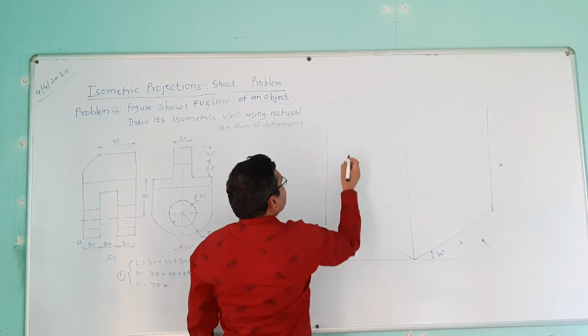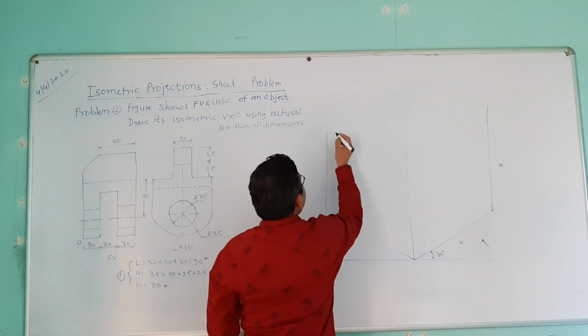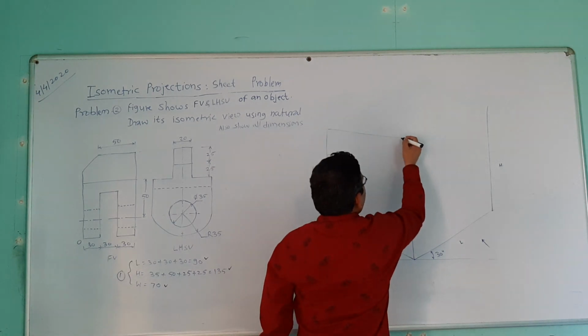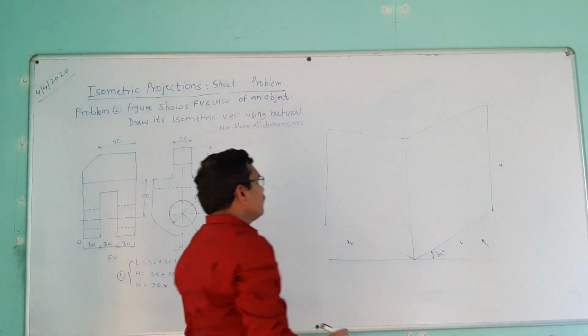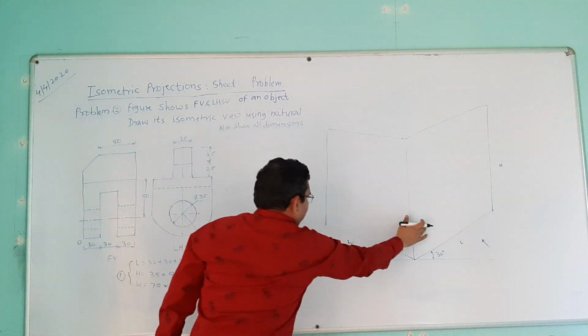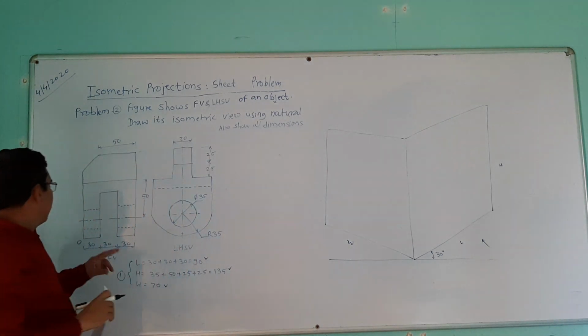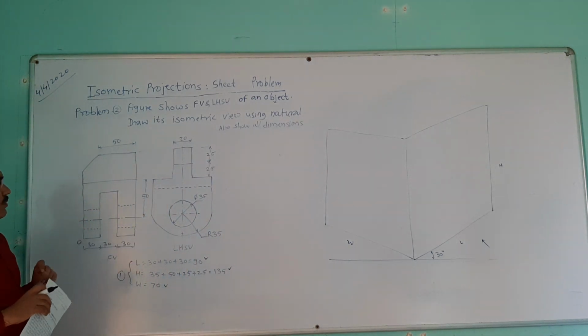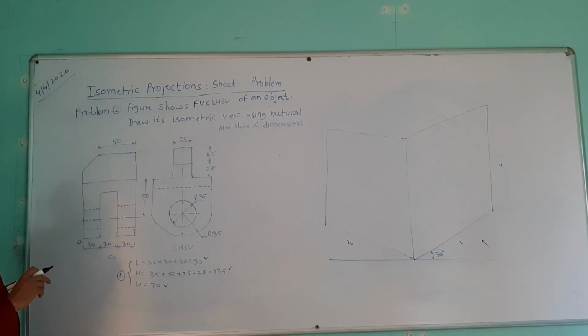So this is the 70 dimension, and the height dimension is 135, more height. These are the right isometric plane and the left isometric plane to construct the front view and left hand side view.